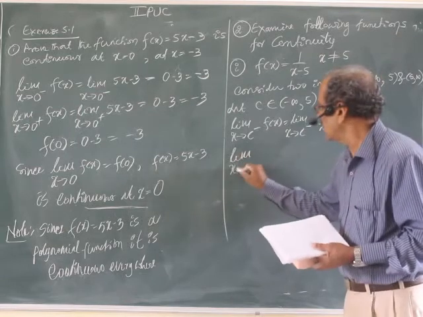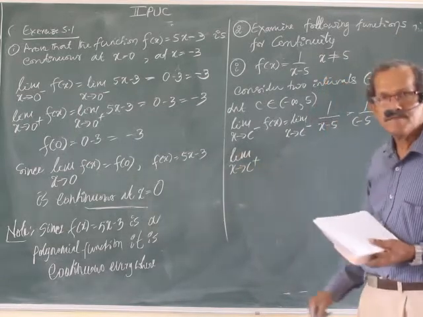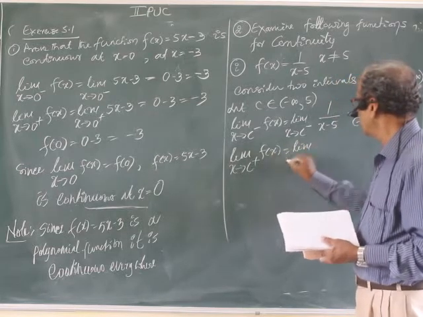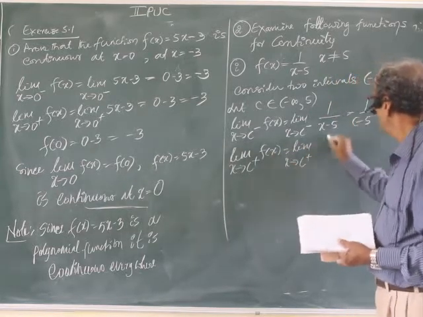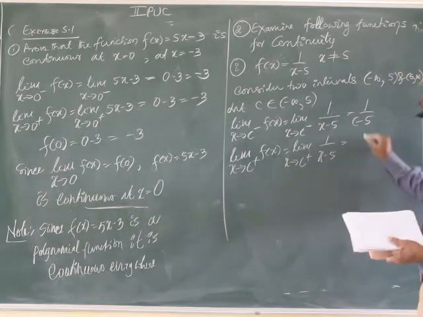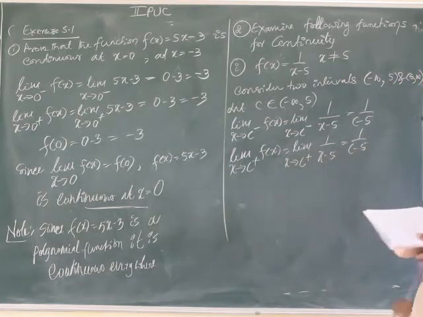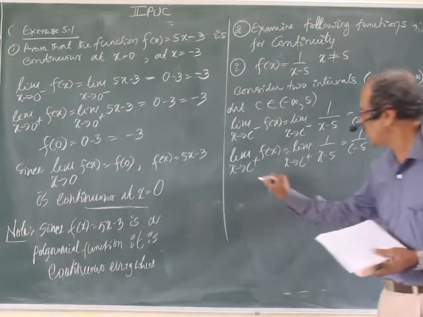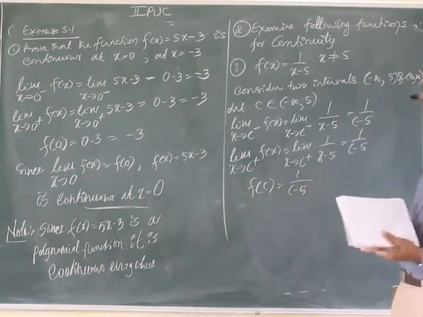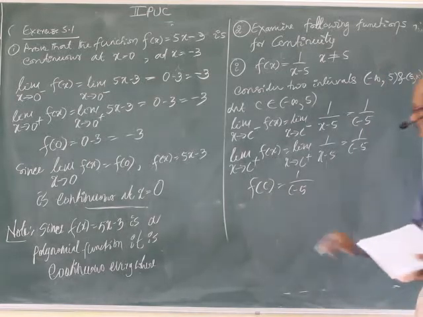Limit x tending to C plus f of x, limit x tending to C plus 1 by x minus 5, once again is 1 by C minus 5. F of C equals 1 by C minus 5.